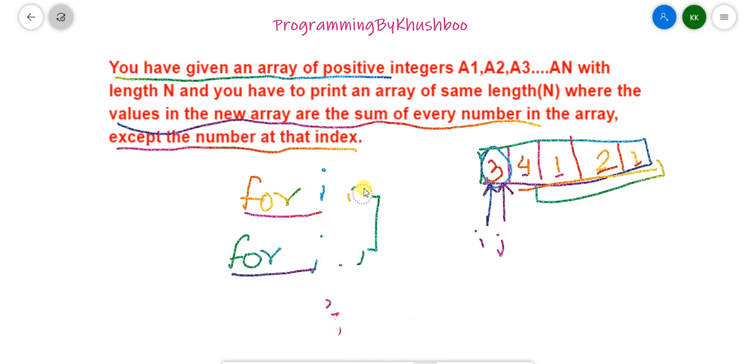For the second time, the i value will be 1 and j will again start from 0. This time i is not equal to j, so we need to consider this 3 as well. So the sum value will be 3. Then j increments, and if i and j are both 1, we do not need to consider this 4 here.